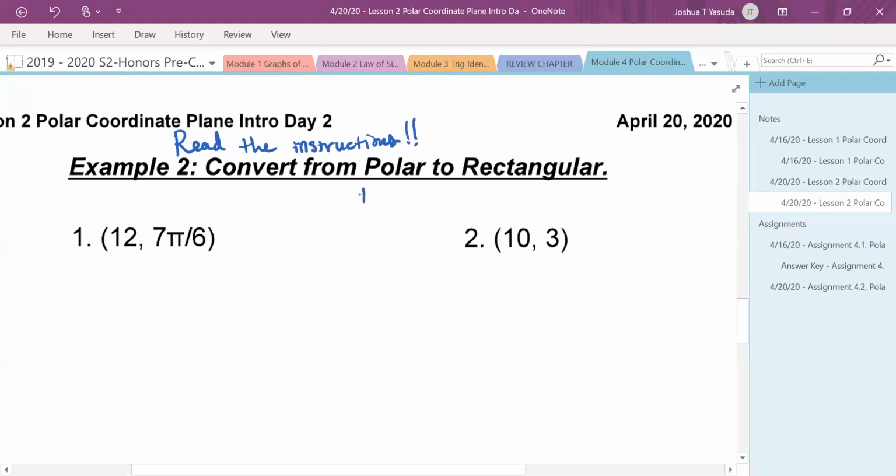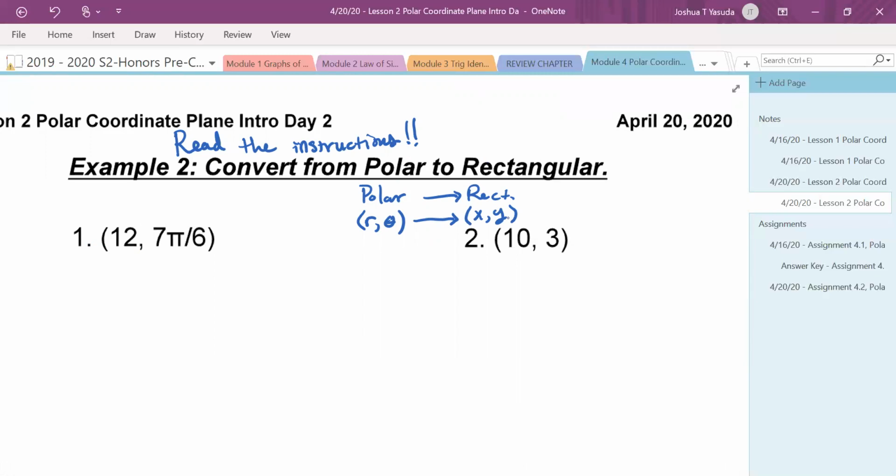So we are trying to go from polar to rectangular. What is that saying? You're given r comma theta, and you're trying to move this into an x comma y point. No longer will we have a radius and an angle, but a normal x comma y that would plot the same point.